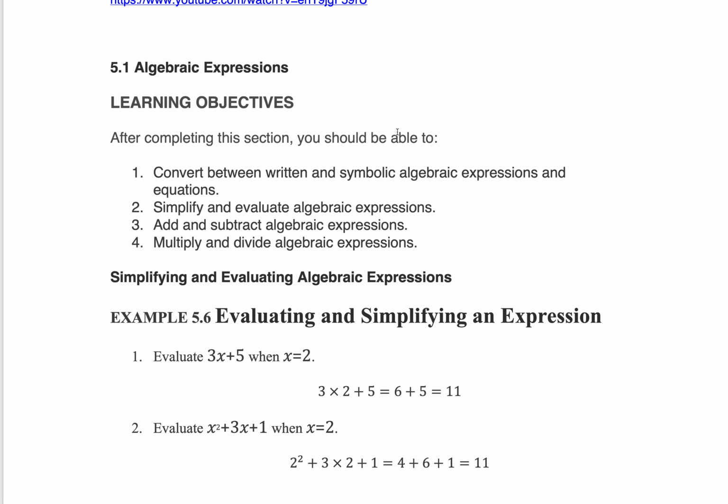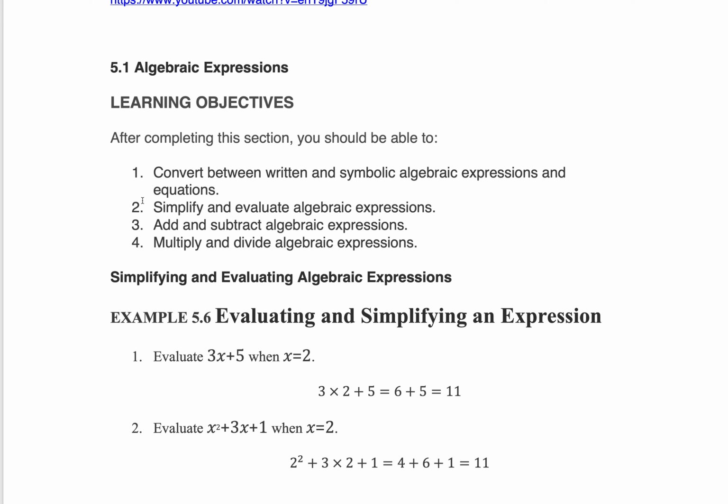And the learning objective for this chapter, for this particular first section, section 5.1, algebraic explorations. First of all, make sure you understand what an algebraic expression is, and you are going to simplify, evaluate, and operate on algebraic expressions.